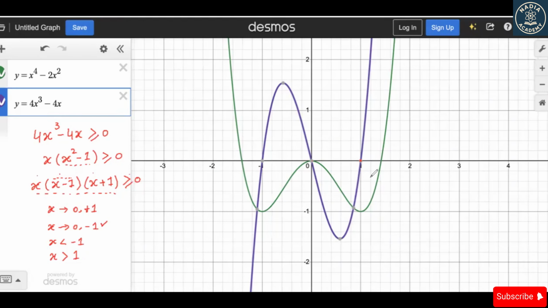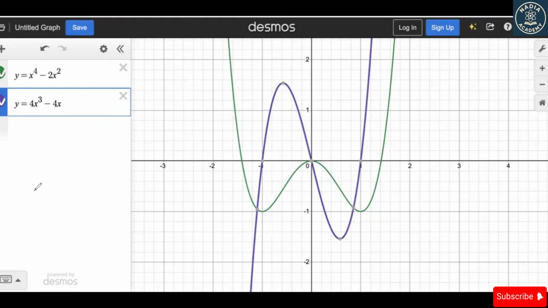So you can see what is happening over here: when the derivative is greater than or equal to zero, meaning that when gradient is positive, we have an increasing function. When gradient is negative, we have a decreasing function. What if our gradient is exactly equal to 0? Then what does that mean? Here you can understand that when a function is changing its gradient sign from positive to negative or negative to positive, it will pass through 0.